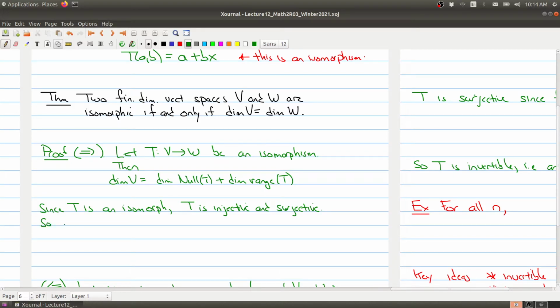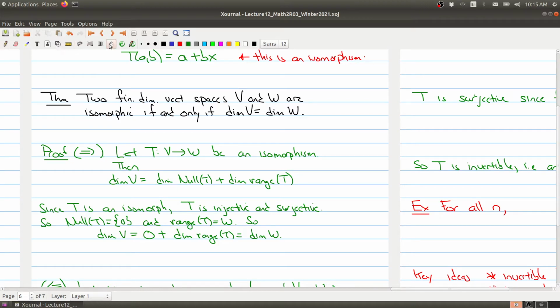The injective part implies that the null space of T is 0, and the surjective part implies that the range of T is W. So we have that the dimension of V is equal to the dimension of the null space of T, which is 0, plus the dimension of the range of T, but that's the same thing as the dimension of W because the range of T is W.